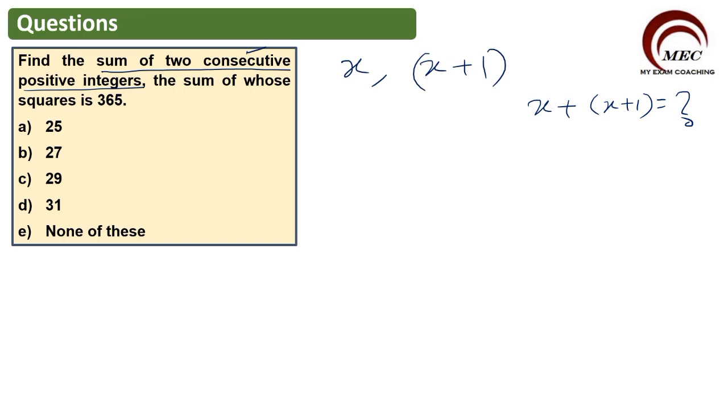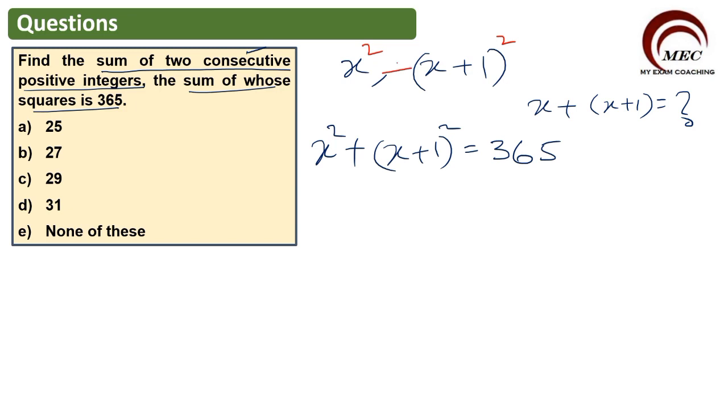The sum of those squares is 365. Sum of the squares means x square plus x plus 1 whole square is equal to 365. This square and this square, when you add, you will get 365, which is given in the question.